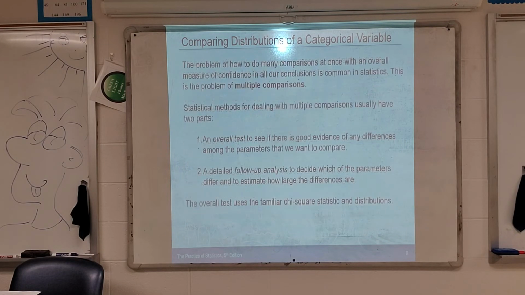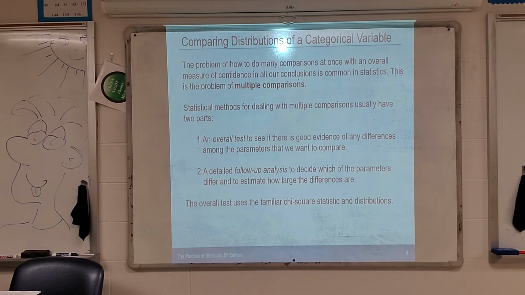All right, so the problem of how to do many comparisons at once with an overall measure of confidence in our conclusions is common in statistics. This is the problem of multiple comparisons. Statistical methods for dealing with multiple comparisons usually have two parts.